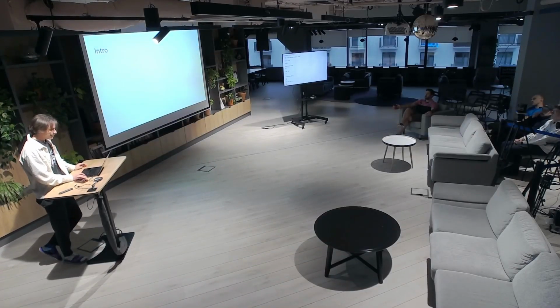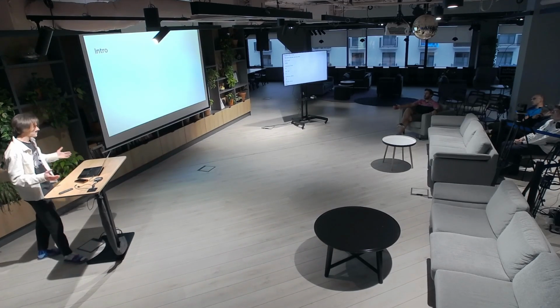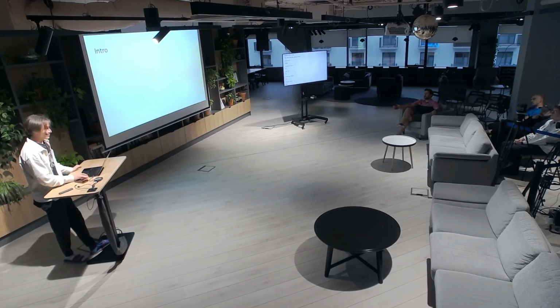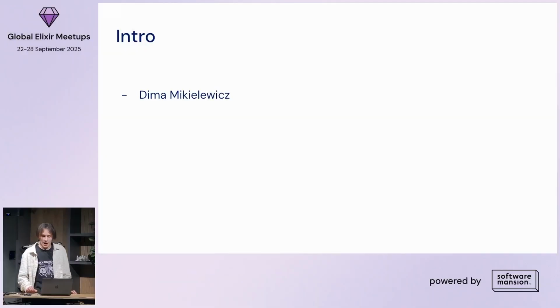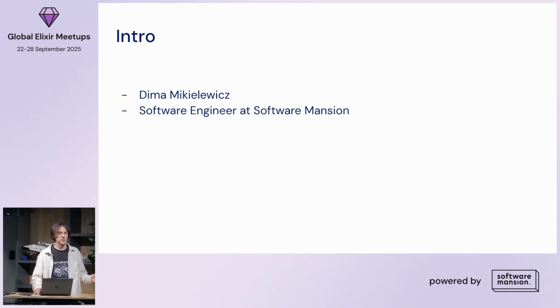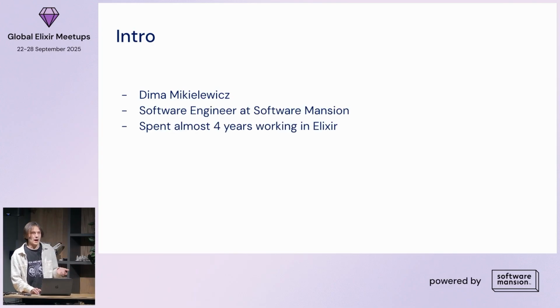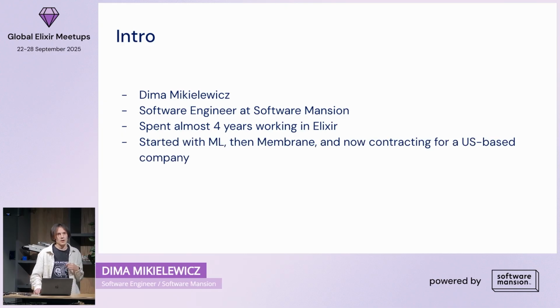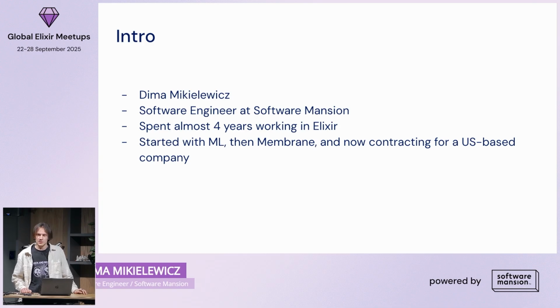So first, let me start with a little introduction to gain some value in your eyes, probably. My name is Dima. I work as a software engineer at Software Mention. I've spent almost 4 years working in Elixir. I started my career doing some machine learning in Python. I actually did some recommendation algorithms for literacy portals.